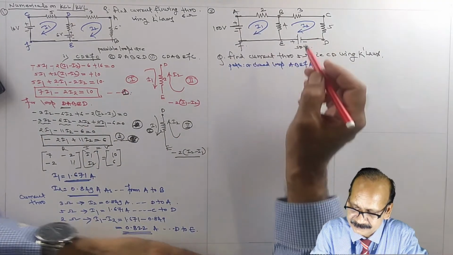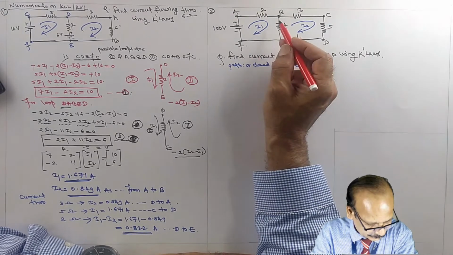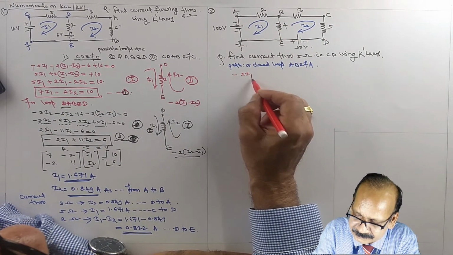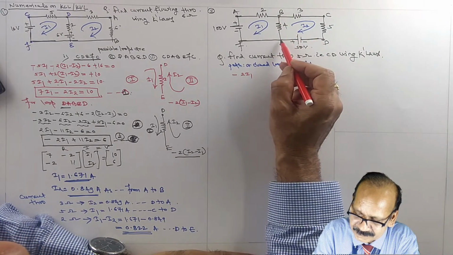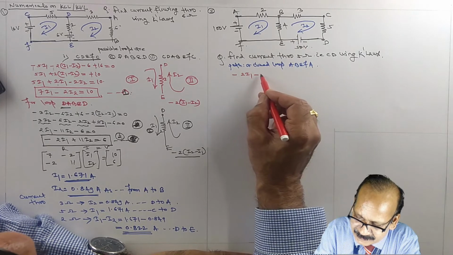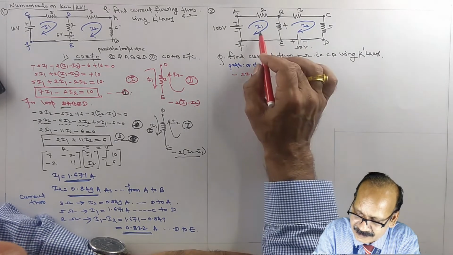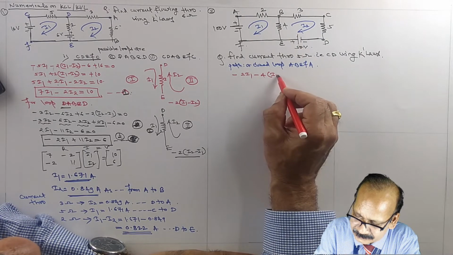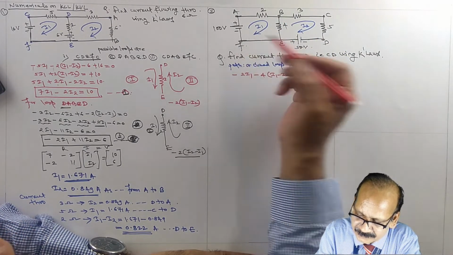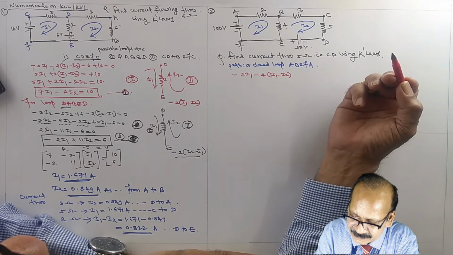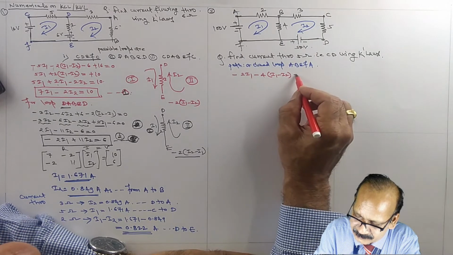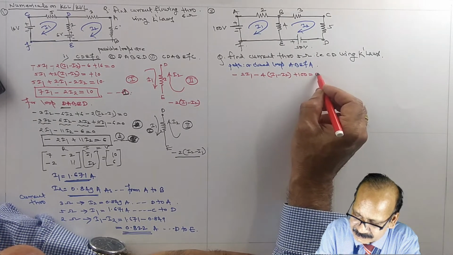Now A to B, minus 2I1. Then B to E, we are solving for the first loop. As we are going in the direction of current, minus 4 into bracket I1 minus I2. Then E to F, no resistance, so it is 0. And if you reach negative of the battery first, plus sign, so plus 100 equal to 0.